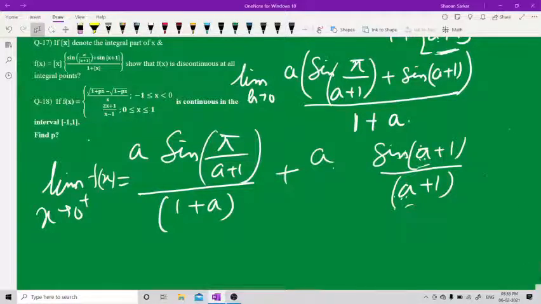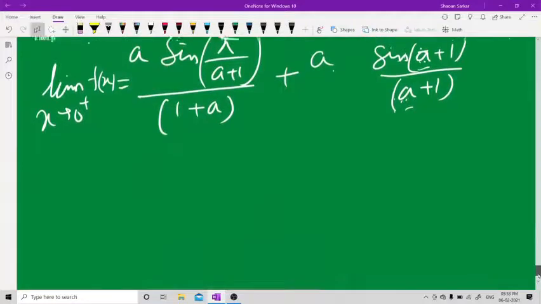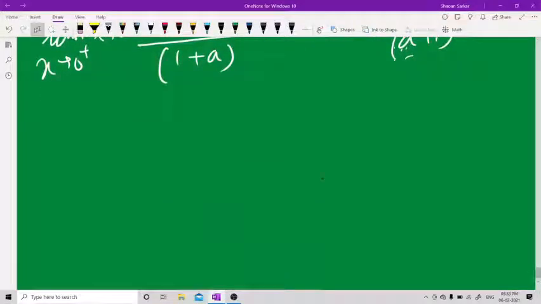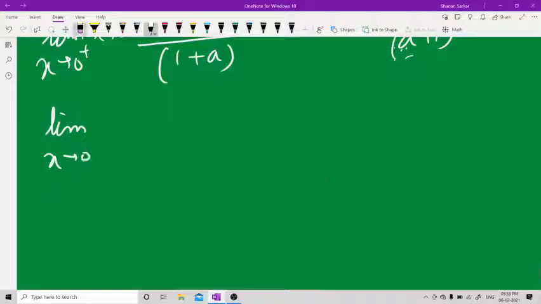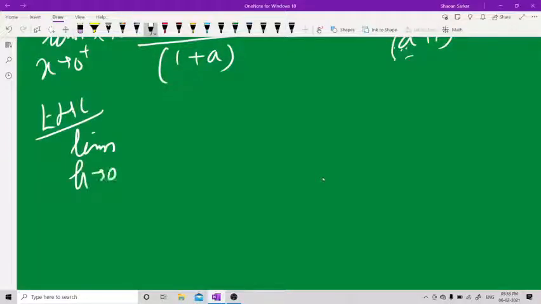Now let's see the limit x tending to 0 minus. Let's write directly straight away, the left hand limit, limit h tending to 0.